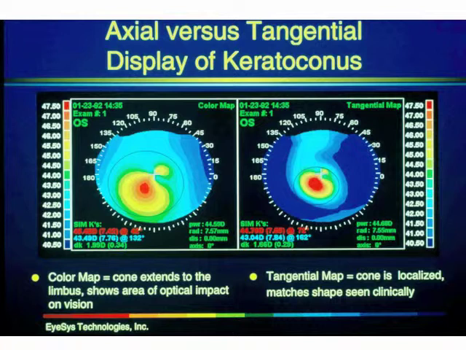The tangential map makes more discrete the actual lesion. So axial map and tangential map, we have to be able to recognize what we are looking at. Again, tangential map shows us the bounds of the lesion better. Axial map shows us what we expect to be the influence of the lesion on the patient's vision.